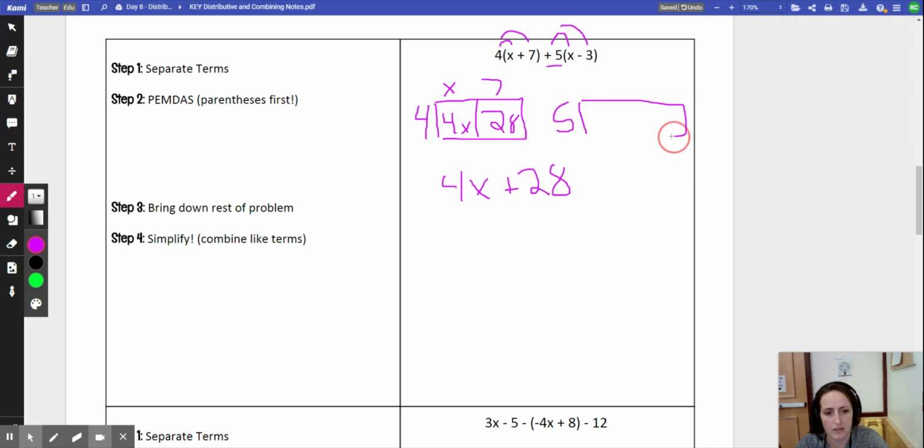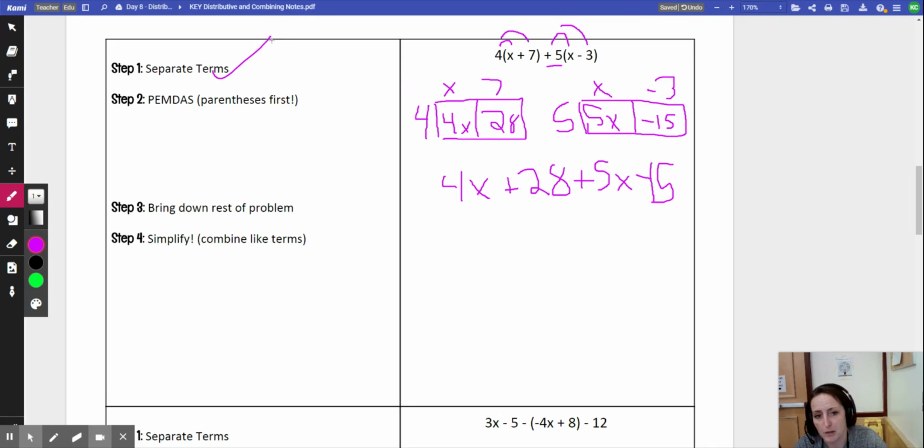Make my box. On the top, I've got an x, and I've got a -3. 5 times x is 5x. 5 times -3 is -15. And from that answer, I end up with 5x minus 15. If I'm going to combine these, because it's a +5x, I know there's going to be addition between the two.